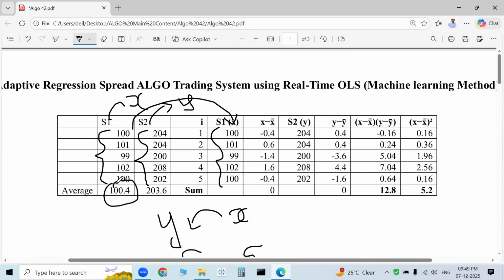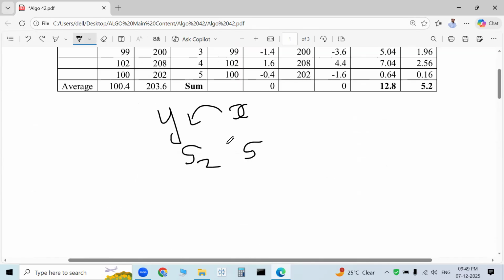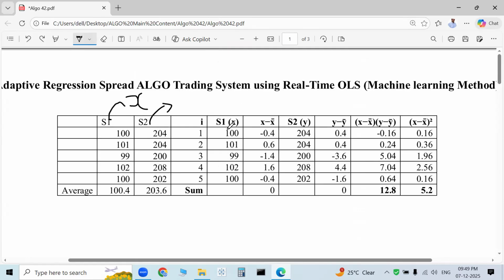Here we found the average. Now the first value, subtract from this, so we get 0.4. Then the second value, again subtract from this, we get the next value.